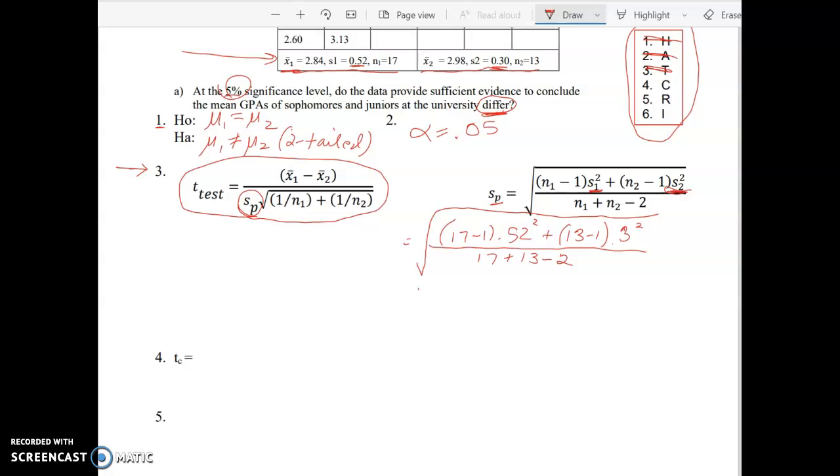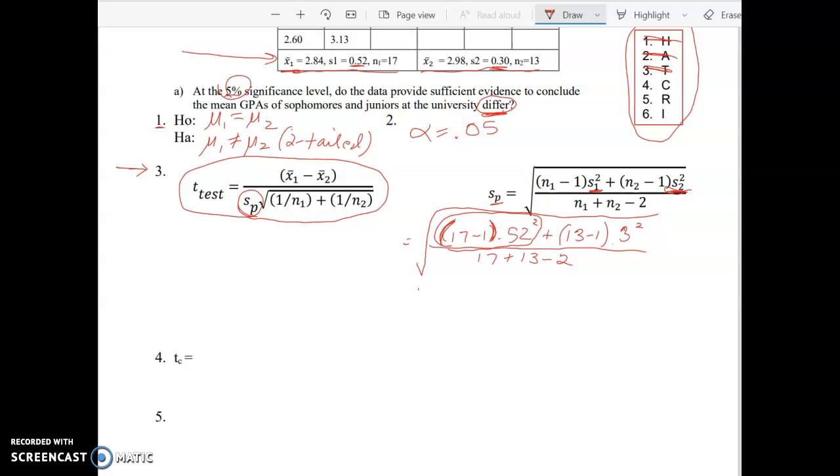So I'm going to go ahead and do the operations on the top part here. When you're doing this, the first thing you have to do is the square, because exponents always come first. So you take 0.52 and you square it, and you multiply it by 17 minus 1, which of course is 16.